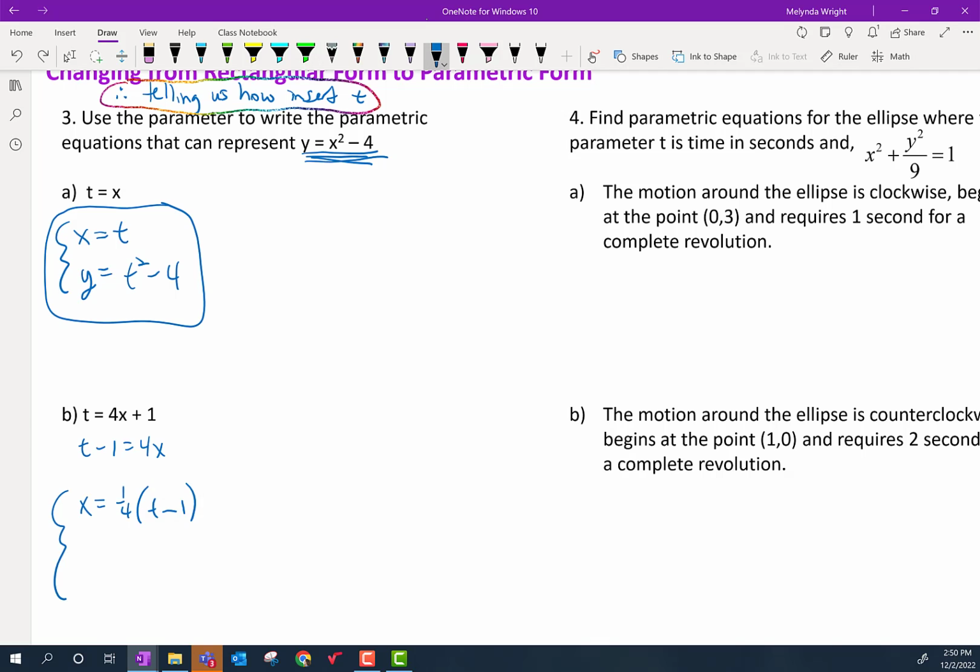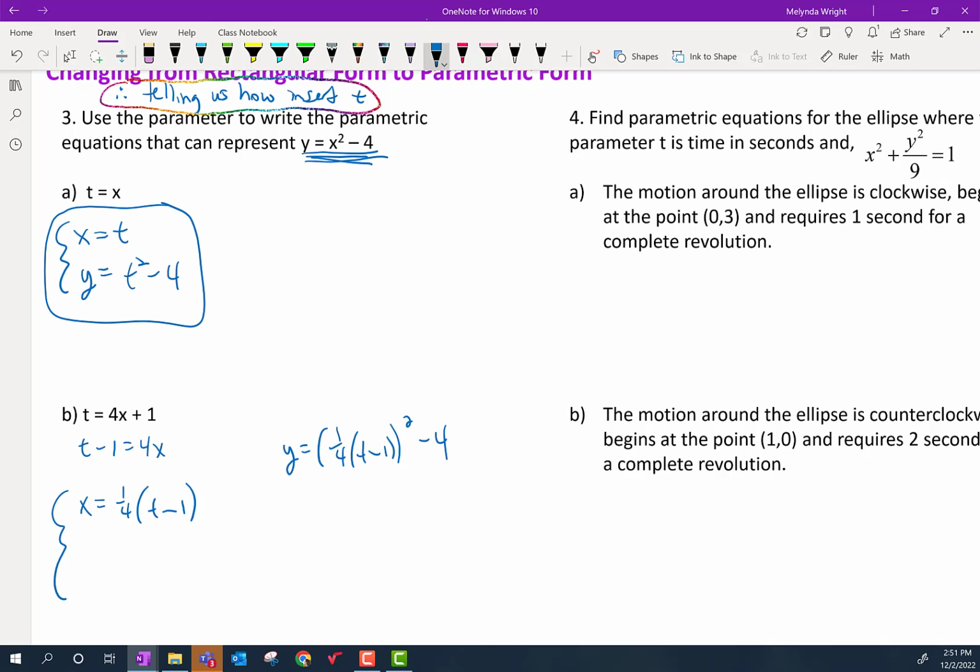Okay, so let's do that. Let's do this out to the side. So I've got y equals, so I'll open up a hole. I'm going to insert 1/4 times t minus 1, squared, minus 4. So there are a lot of different ways that you could deal with that first very strange looking thing. I actually squared the 1/4 and then I squared the t minus 1 separately.